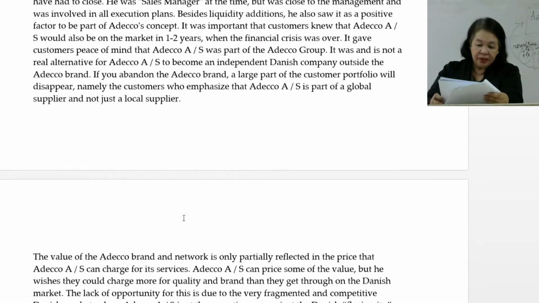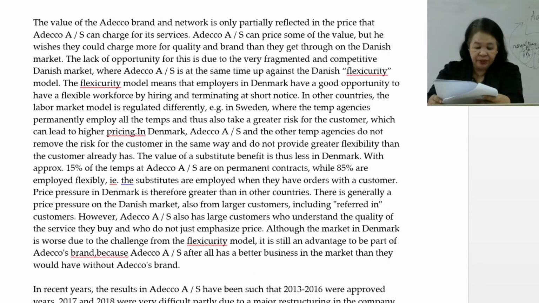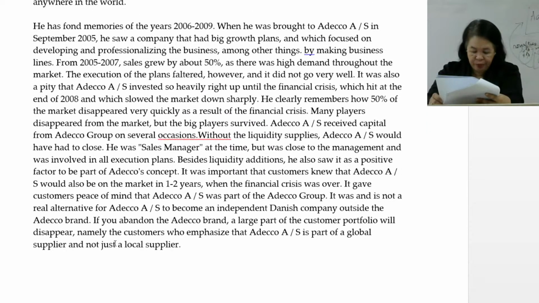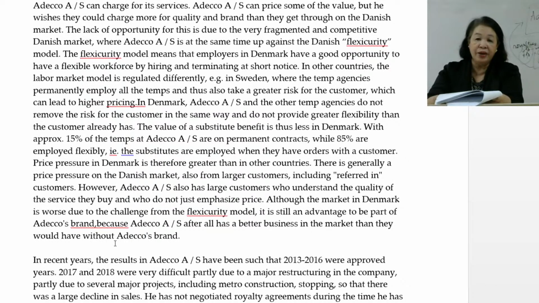Okay. So, what does Adecco Denmark do? It is a temp agency or staffing agency, no? What is a temp agency? An employment agency is an organization which matches employers to employees, no?